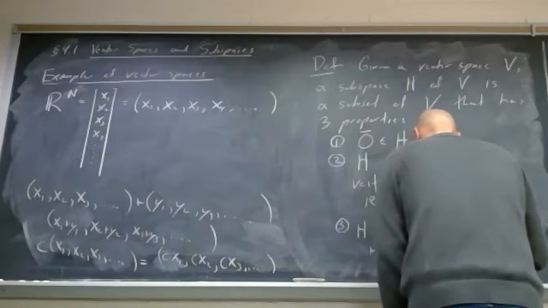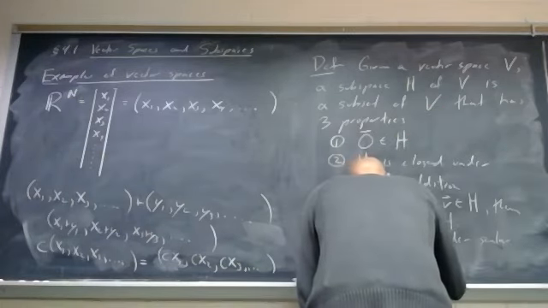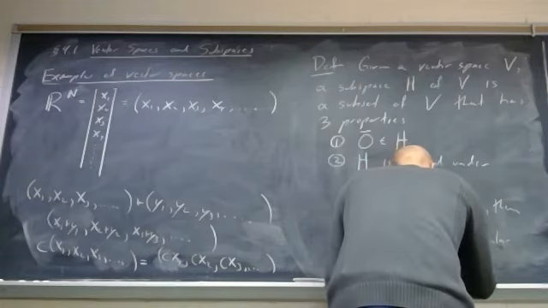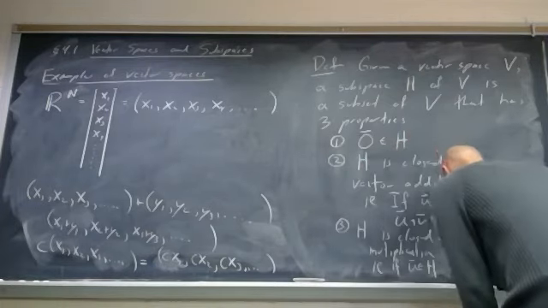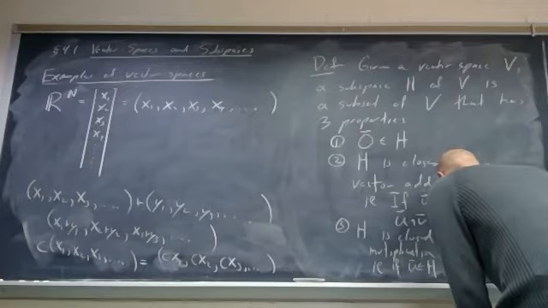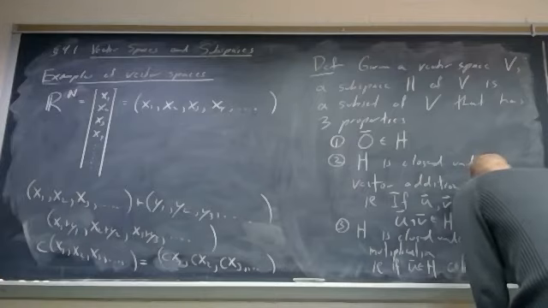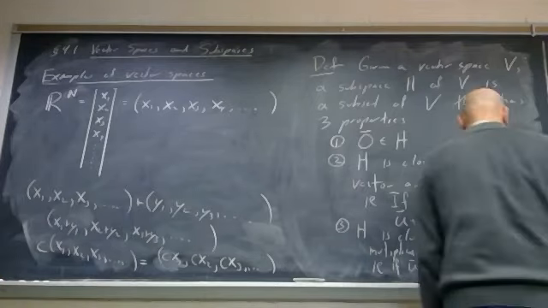So in other words, if U is in H and C is a real number, then C times U is in H.